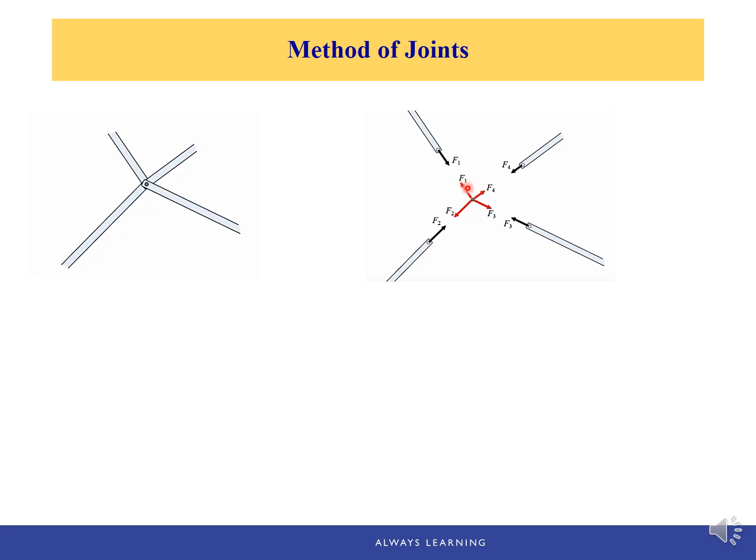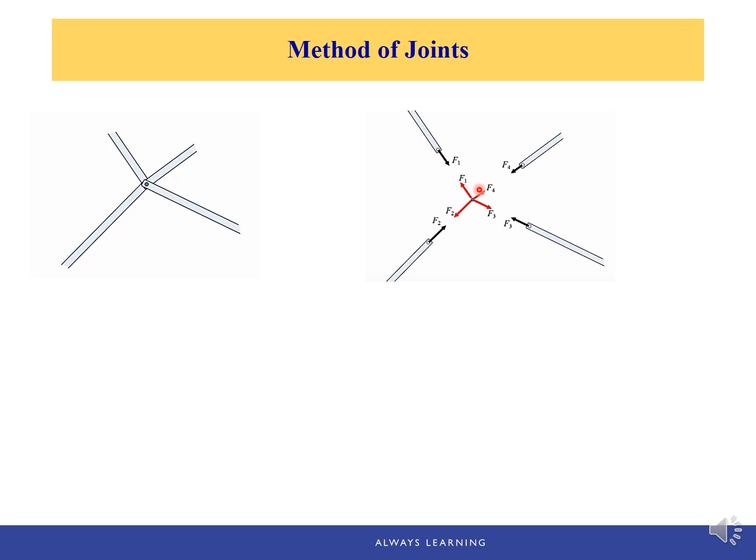So F1 is the force exerted by member 1 on the pin, F2 is the force exerted by member 2 on the pin, etc. And because of action and reaction, those forces are of the same magnitude. Therefore, if we want to know what the forces in the truss members are, we can simply solve for the forces acting on the pin instead.